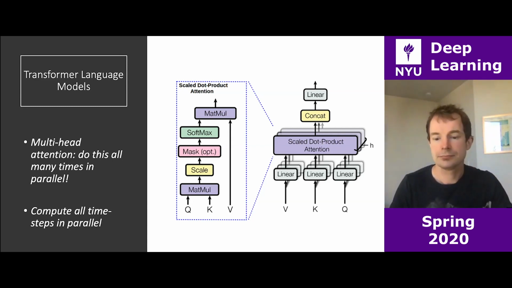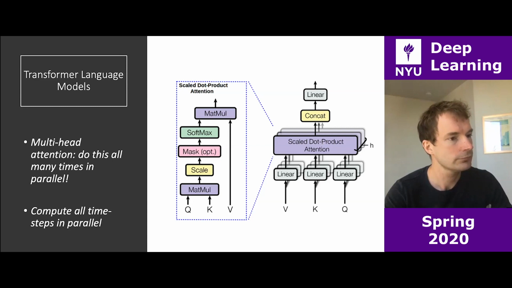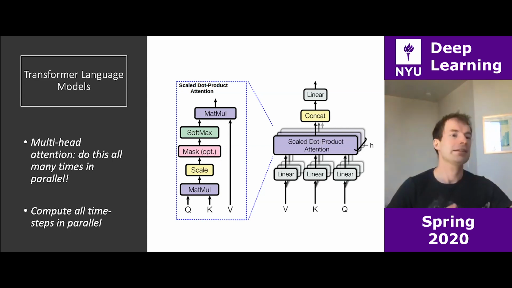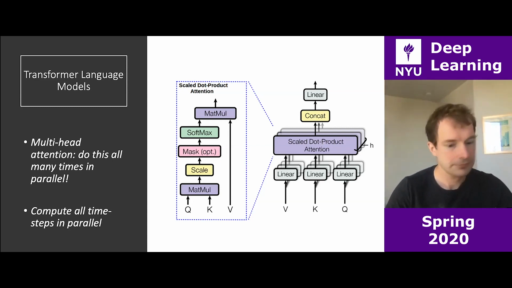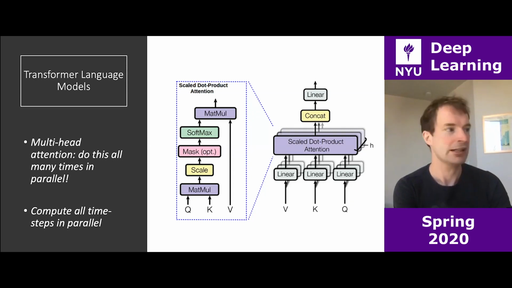Another question, sorry, I may have missed this. The mask there in pink, can you talk about what that is briefly? Right, sure. So the mask is actually important. I'm going to make a point first. One of the really big wins about this whole setup of multi-headed attention is that it's extremely parallelizable.